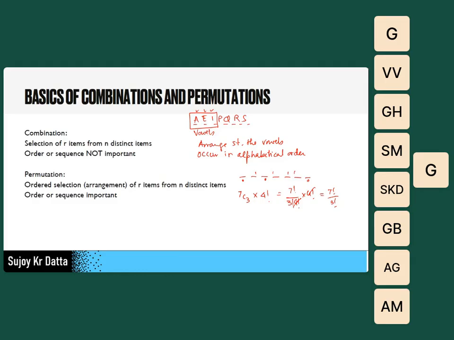For example, 731 is a sequence where the digits have occurred in descending order. So how many such numbers will you have of 3 digits?